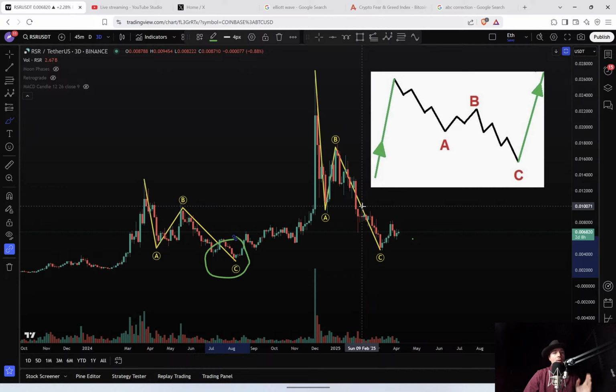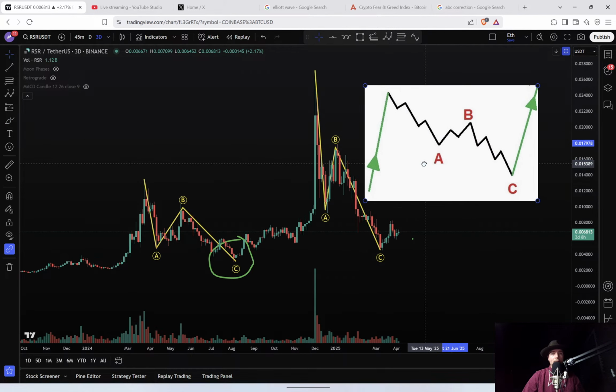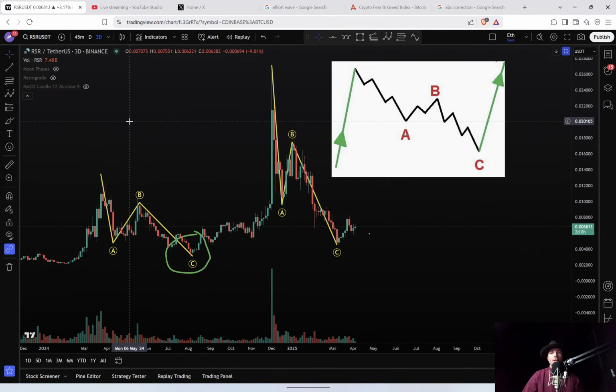They see their portfolio and think, man, this has gone down so far from what it used to be, and they just capitulate. They can't handle it any longer and they sell. It's really sad because if they understood what the ABC correction was, they would be doing the complete opposite. They'd be buying more. And in the case of RSR, this is a perfect ABC correction.